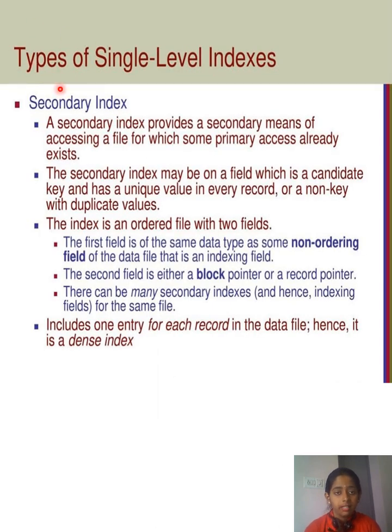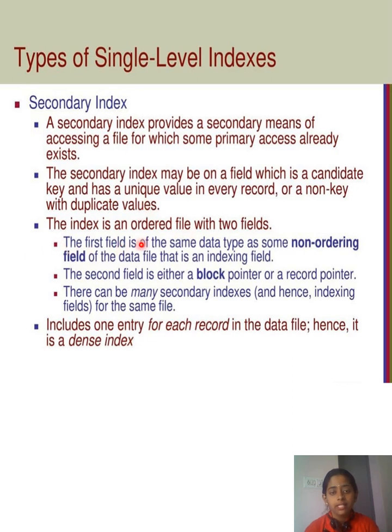Okay, this one is types of single level indexes. Secondary index. A secondary index provides a secondary means of accessing a file for which some primary access already exists. The secondary index may be on a field which is a candidate key and has a unique value in every record, or a non-key with duplicate values.